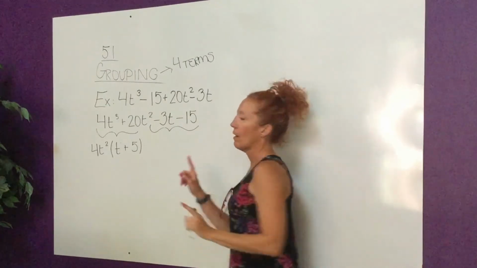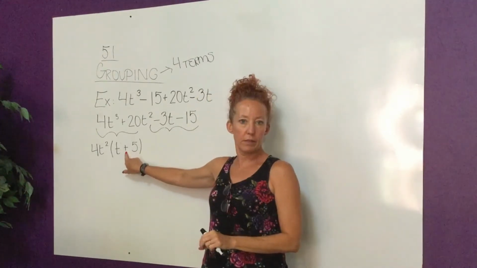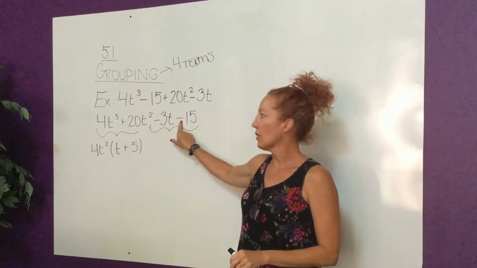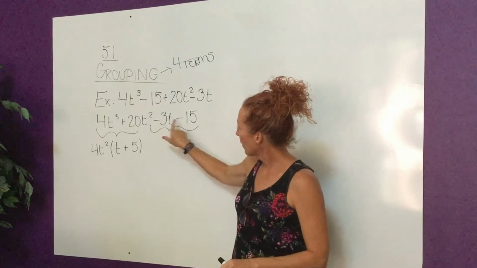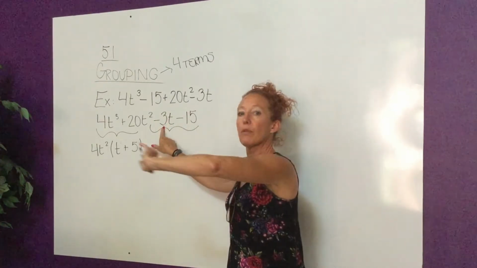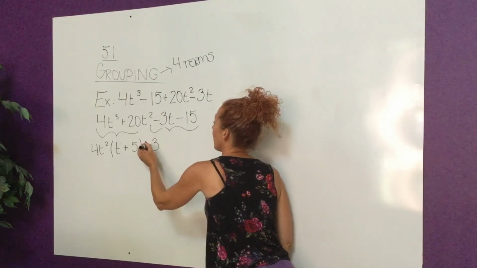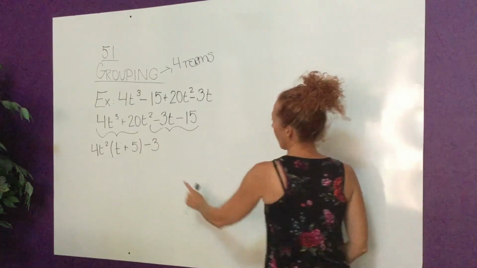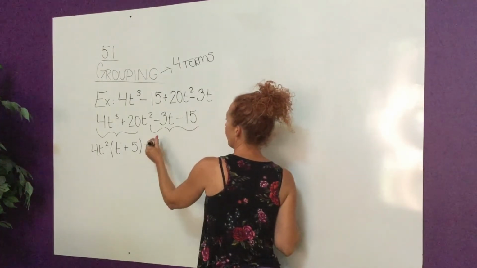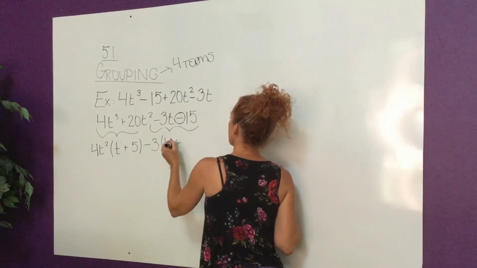And so now, here's the part that's a little bit tricky. This is a plus, but this is a minus. So when I pull, there's a 3 that goes into both of those numbers. When I pull that 3 out right here, if I make it a -3, if I divide -3 into -15, it's going to change this to a plus.